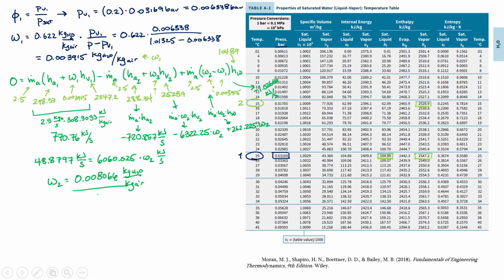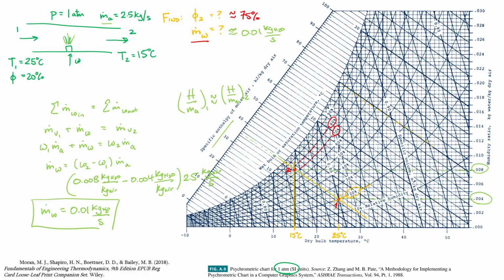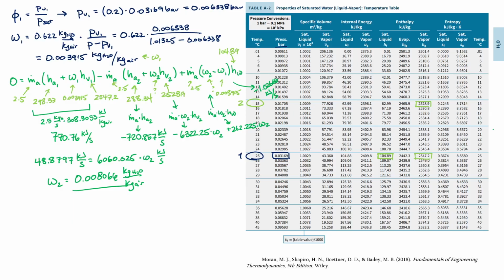I didn't actually ask for that one, but I can still compare it. In this case, I had omega 2 of 0.008, which is what I found in my graph. That's my humidity ratio again. I like calling it omega. I apologize. But 0.008066 is pretty darn close to that. But this was a whole lot more work to get there.